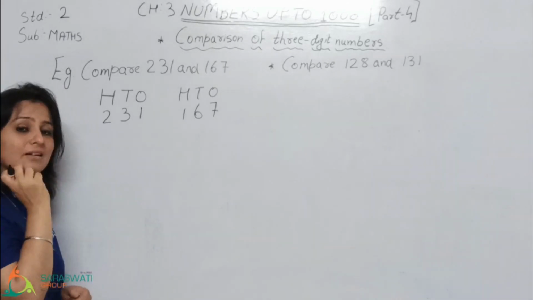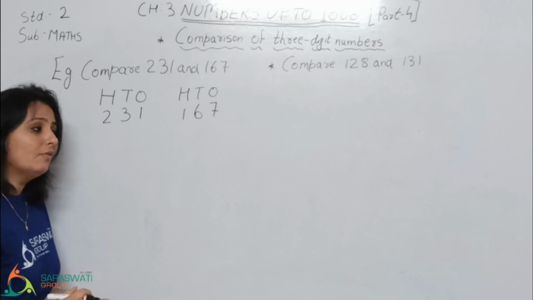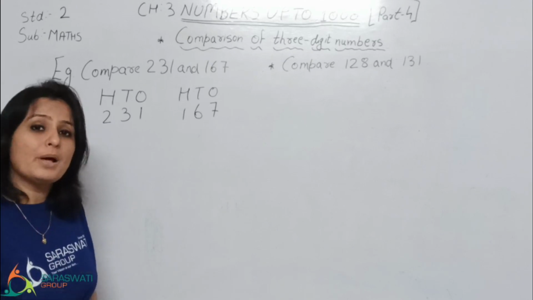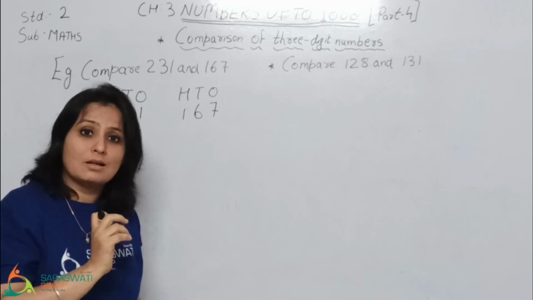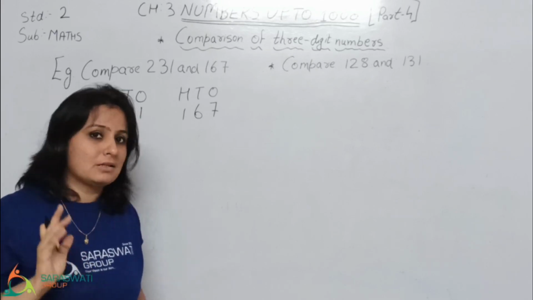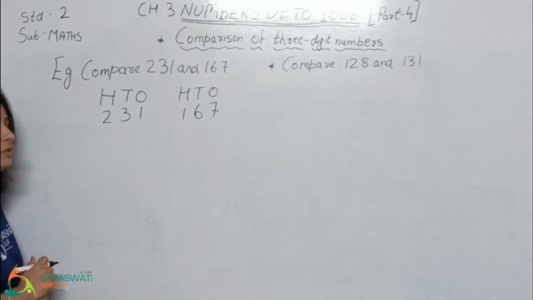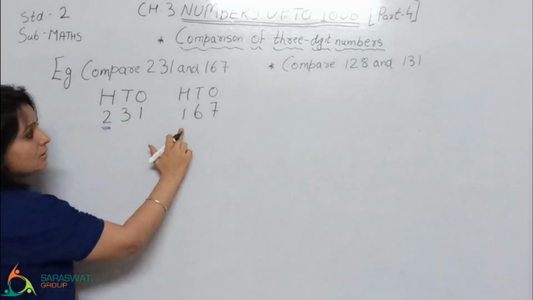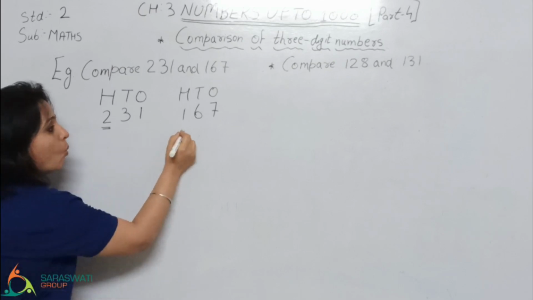Now, how to start the comparison? Whenever you start the comparison, always remember, start the comparison from hundreds place. कहाँ से start करना है comparison? From hundreds place. तो यहाँ पे hundreds place पर इस नंबर में digit है 2 और इस नंबर में digit है 1.